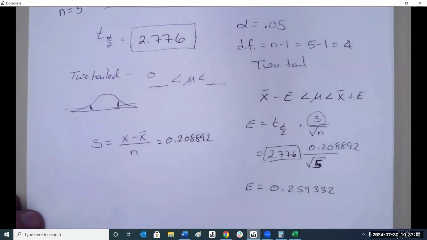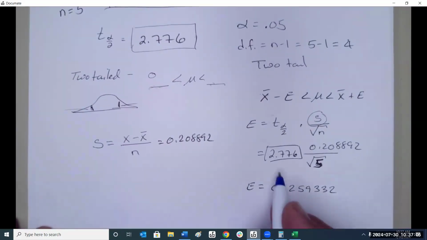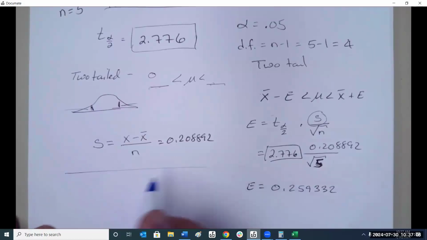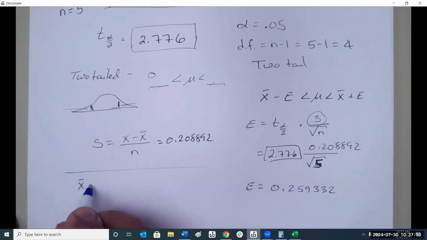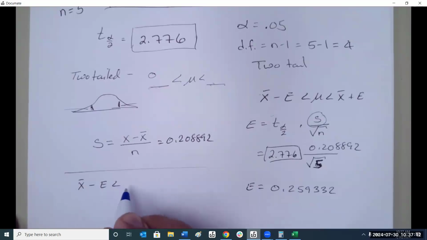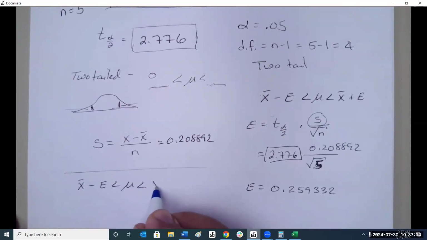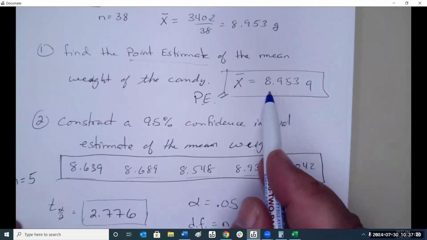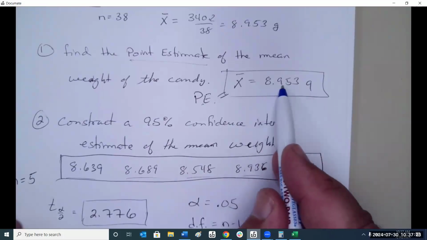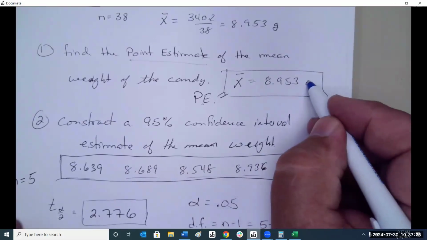So what I gotta do now is to find my interval, I gotta do my X value minus my E, X value plus my E. My X value was 8.953 grams.